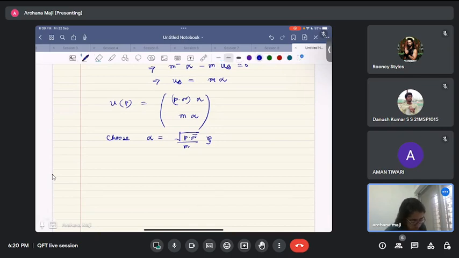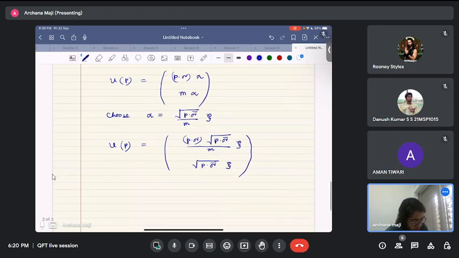So therefore u(p) will become square root of p dot sigma, square root of p dot sigma bar divided by m, xi. So we get square root of p dot sigma, and then within the square root we have p dot sigma times p dot sigma bar, which is nothing but square root of m squared.